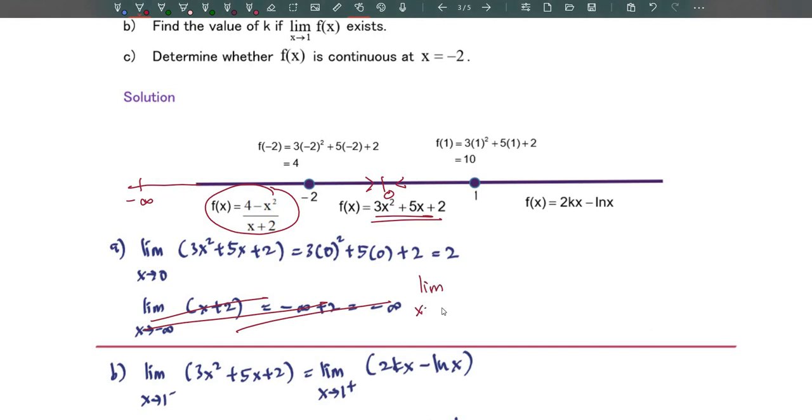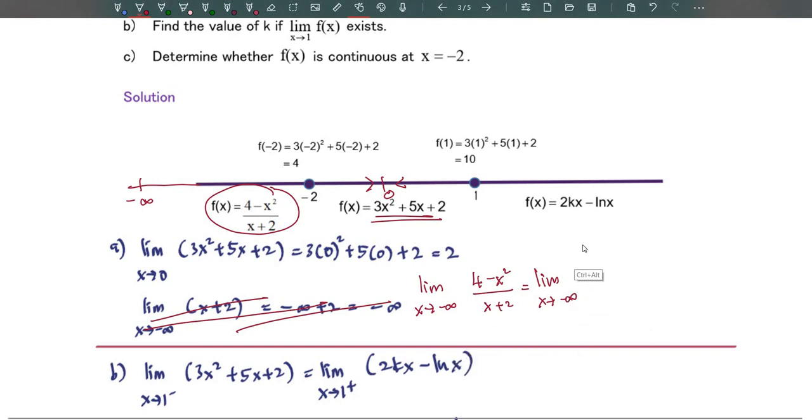Limit as x approaches negative infinity of (4 minus x squared) over (x plus 2). We need to use the rule: what is the highest power in the denominator? The highest power is x. So divide all the terms by x.